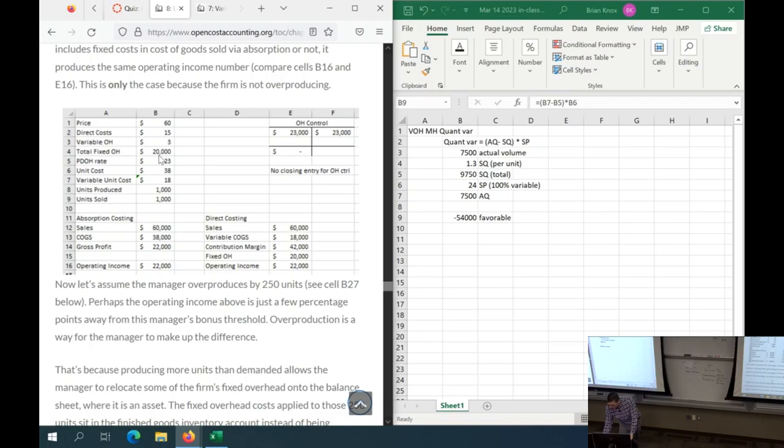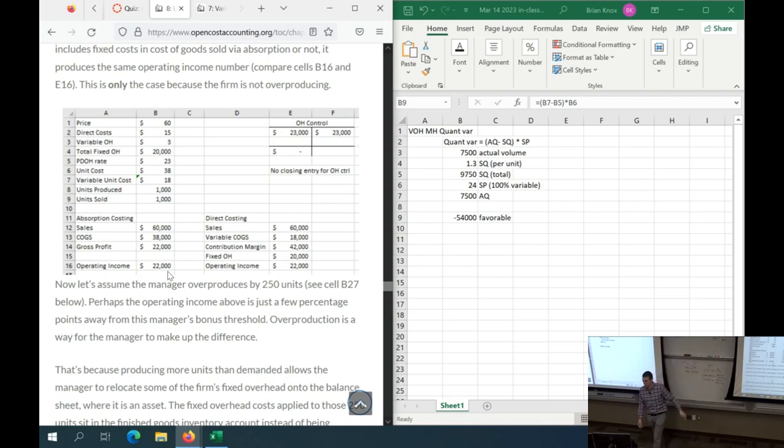Just take my word for it as we go through. With $20,000 fixed overhead, if you produce the exact number of units that you're going to sell, then it works out just fine. You end up with an operating income. That's the baseline of $22,000. It's not overproducing anything. But the manager will say, well, that's not my goal. My goal to get the bonus is my division has to get $25,000, or you can say $25 million.